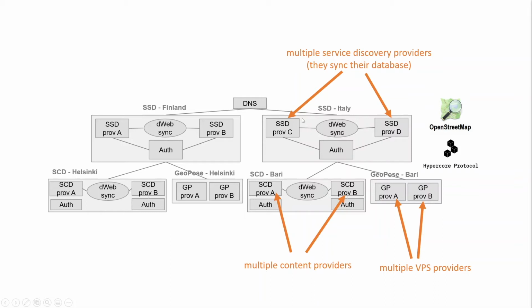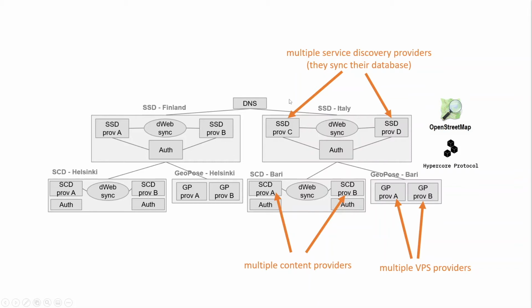Multiple of these instances can be grouped, for example, by country, and these multiple services can be synced together in a peer-to-peer manner. The idea here is that everyone has access to all the entries, and it's not the providers who filter these, but the clients should actually select what they are interested in.